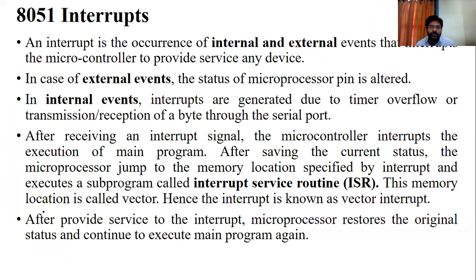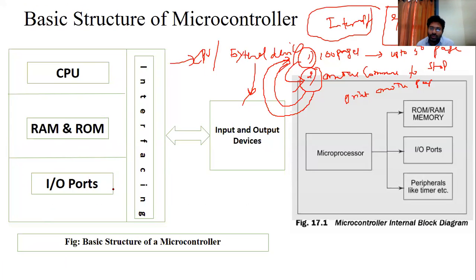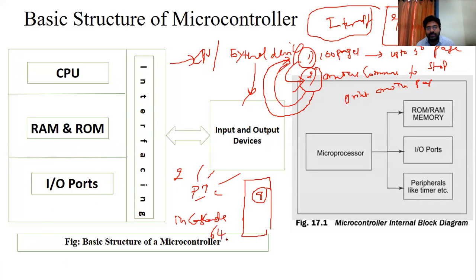In the 8086 microprocessor, we have only 2 interrupts. To solve this problem, we use the PIC, the programmable interrupt controller. By using that controller, we can connect 8 interrupts in regular, normal mode.